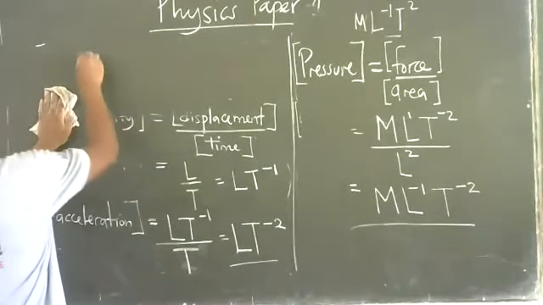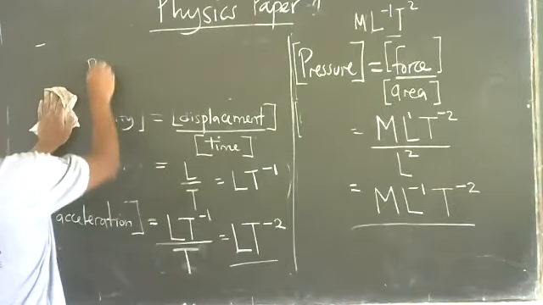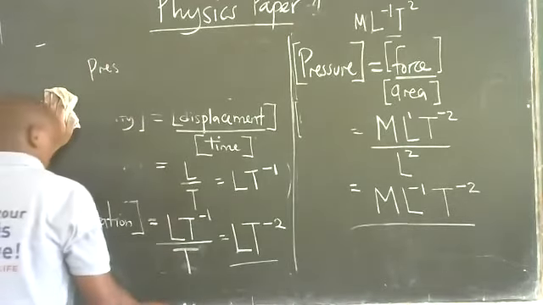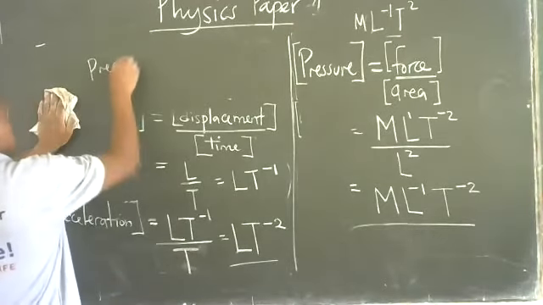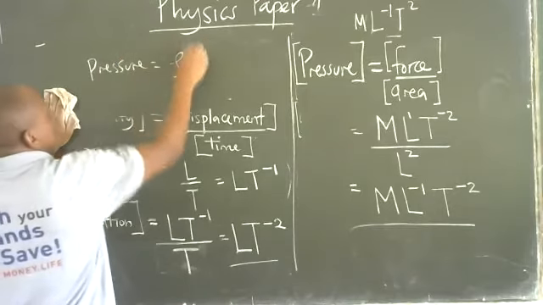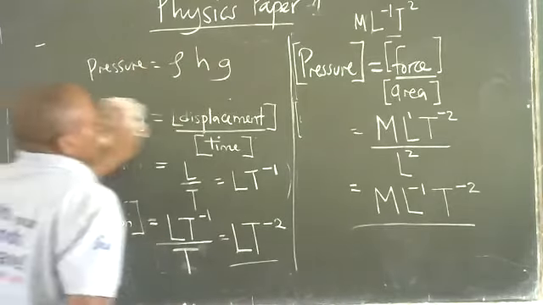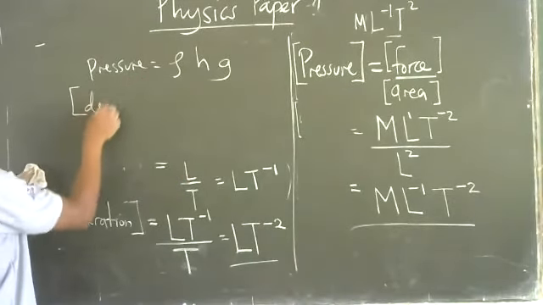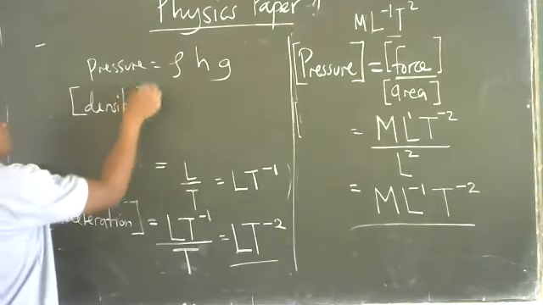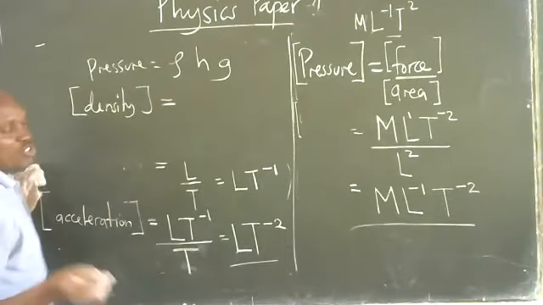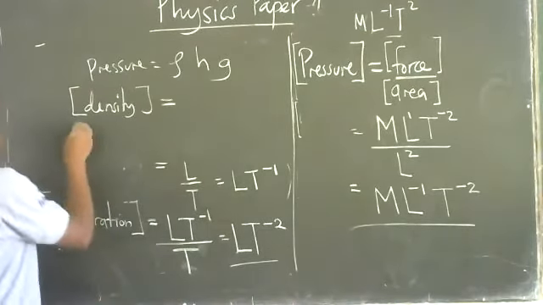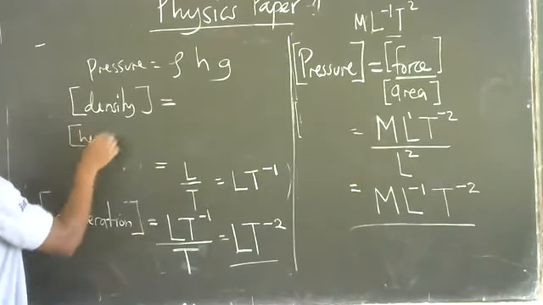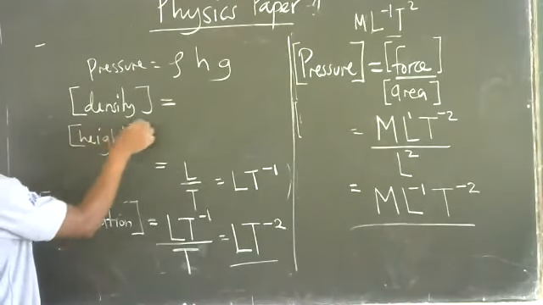Because the formula has pressure equal to density times height times this. You see how many quantities? You have to get the dimensions of density. Then the ones of height are known.